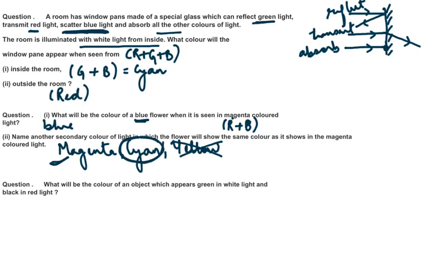So if an object is appearing green in white light, then its actual color is green only. If the actual color is green, obviously it will appear black in red light. So always remember, an object shows its true color in white light.